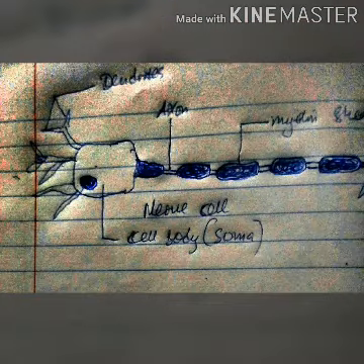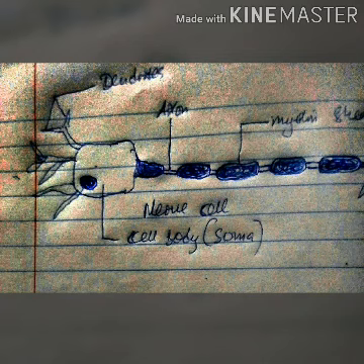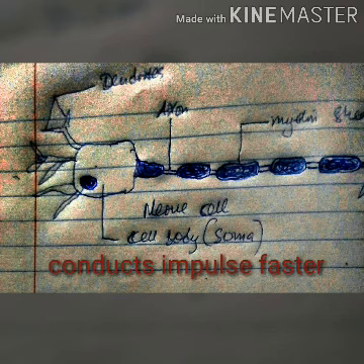Now, we can see the nerve cell over there, and the nerve cell contains the axon, the dendrites, and the cell body, which is the soma. We can see the myelin sheath enclosing the axon. It is this enclosing that helps the impulse to be conducted faster.